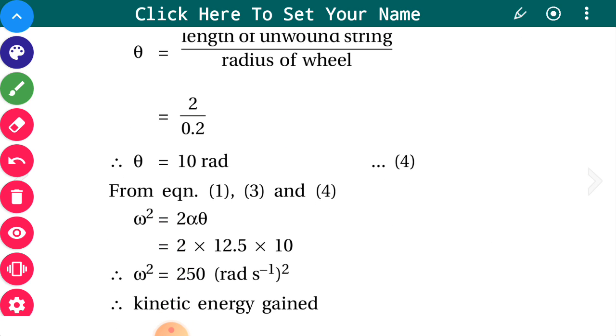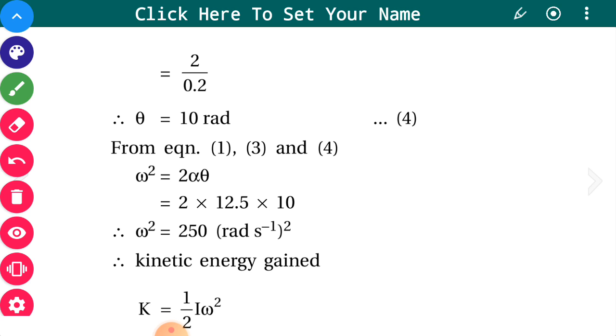Okay, now omega square is equal to 2 alpha theta, as you know. So you can find omega square here. Okay, 2 alpha is already calculated, theta we got 10 radian, so 250 radian per second, because it is square, that is why the square is taken here.